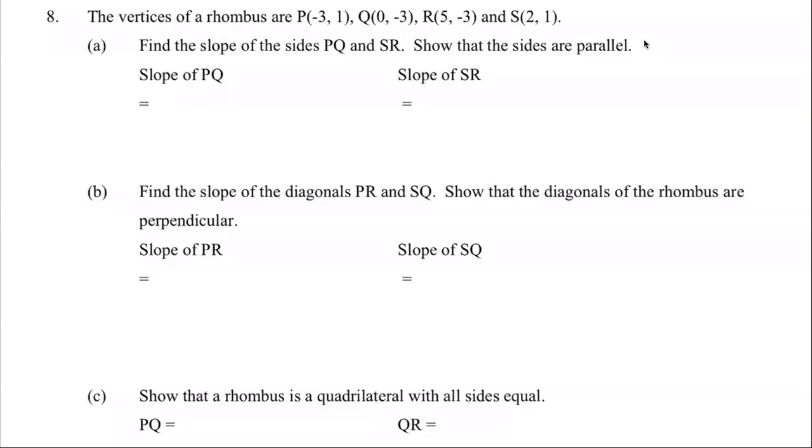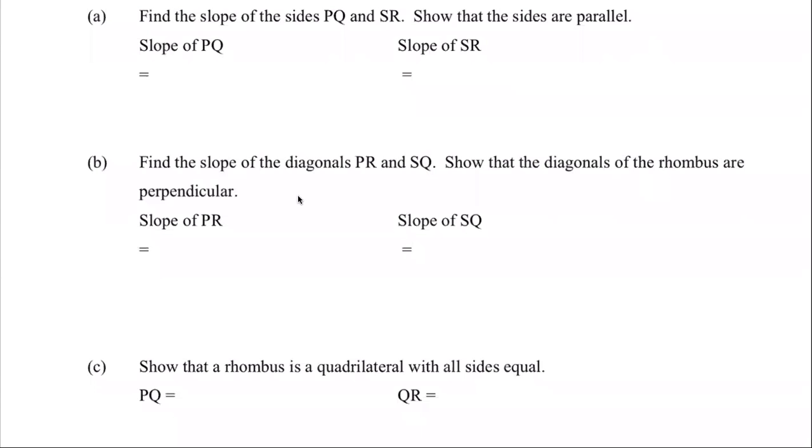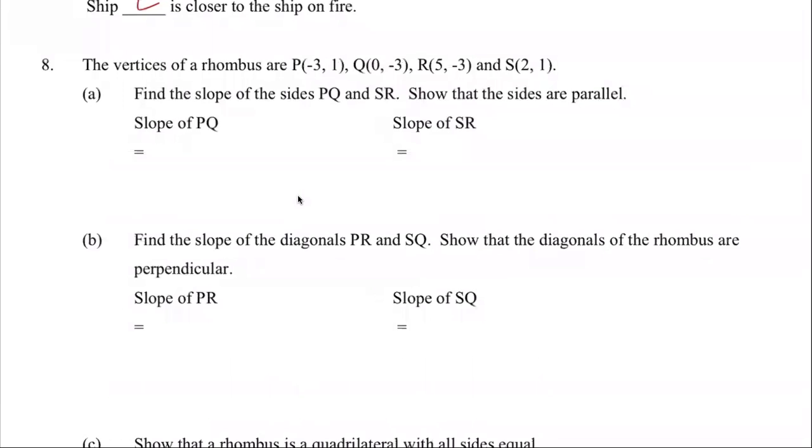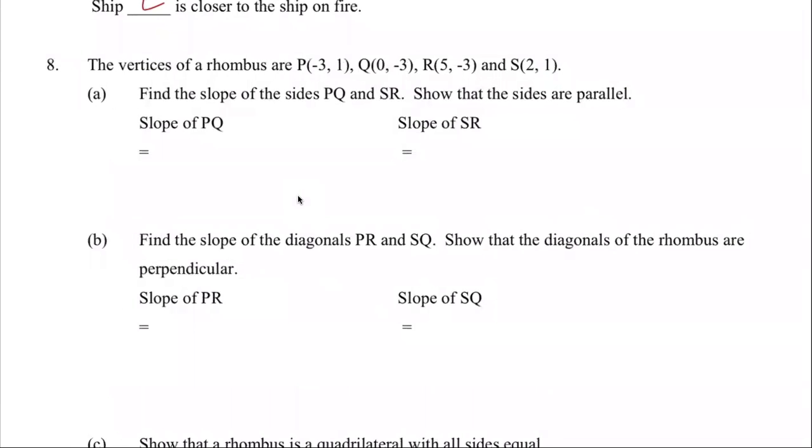Now let's look at the last question, question 8. The vertices of, I don't even know the word, give me 1 sec. Okay, so the word is pronounced as rhombus. I just Googled this.